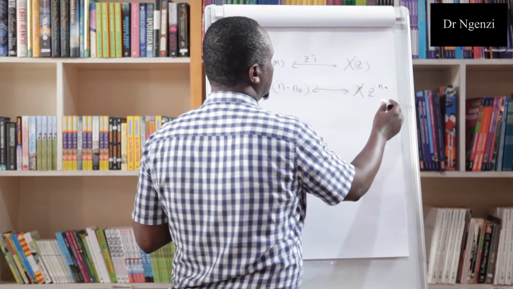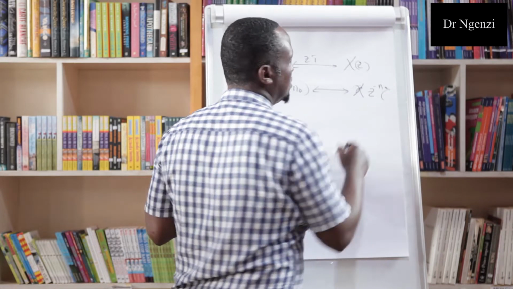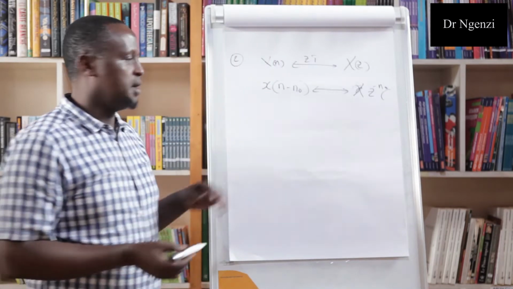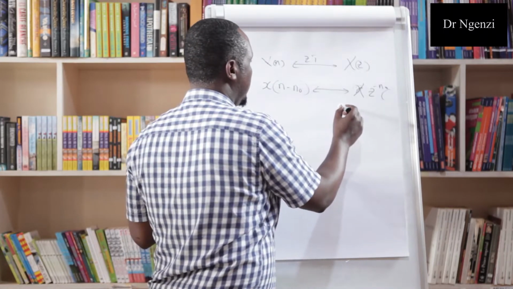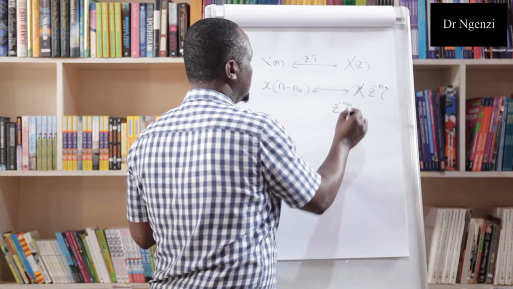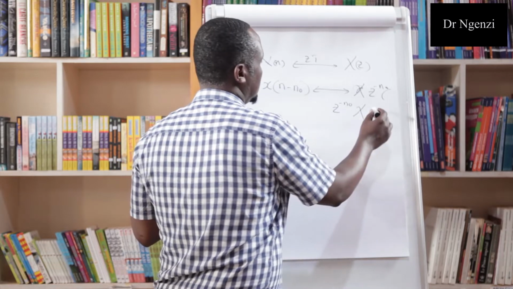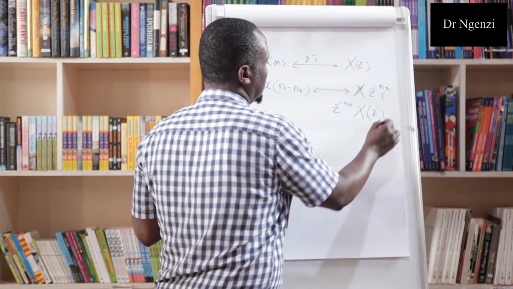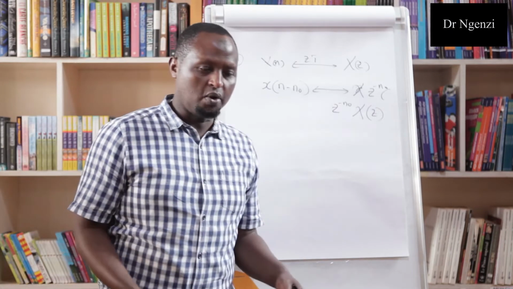That is the shift theorem, times X of z, because it is our function of z. This is what we call shift.